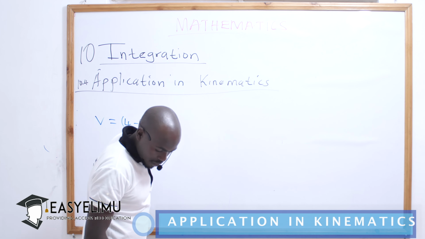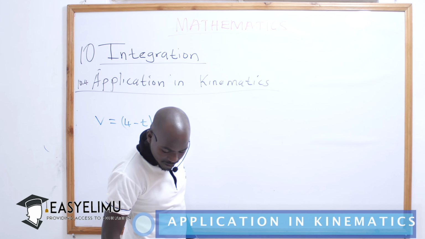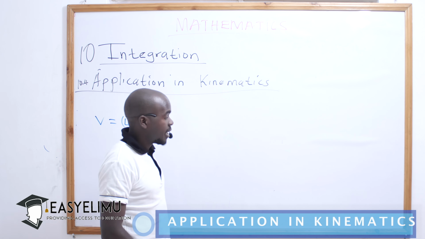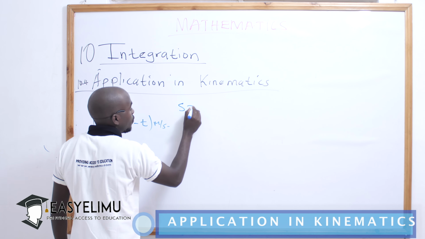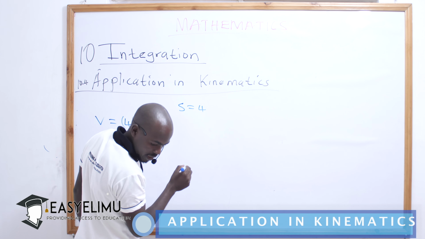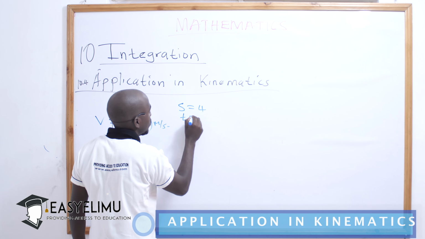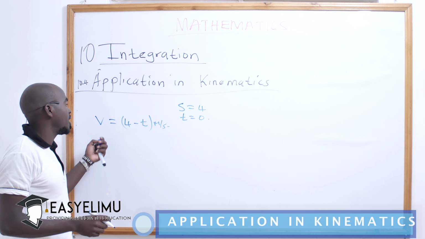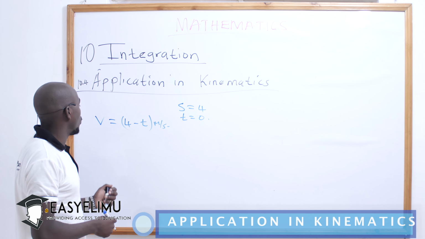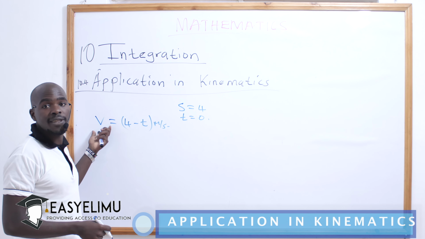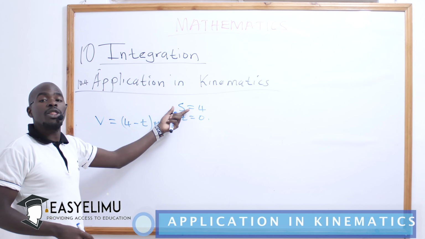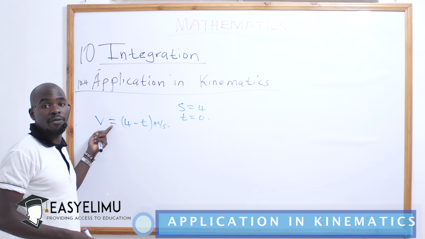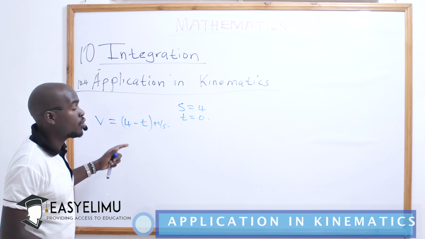What we shall do first is integrate this to find s, because to find v we differentiate displacement with respect to time. But here we shall integrate velocity with respect to time.